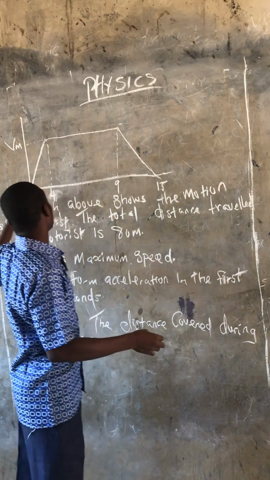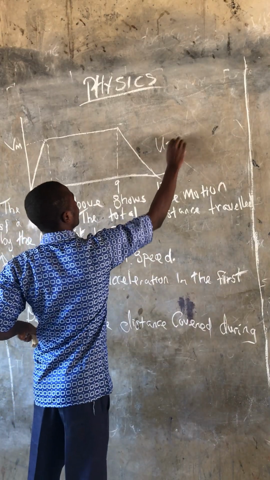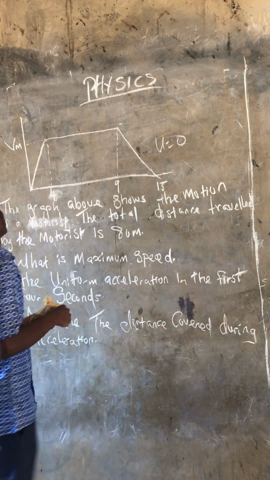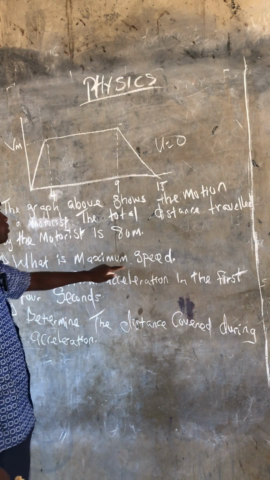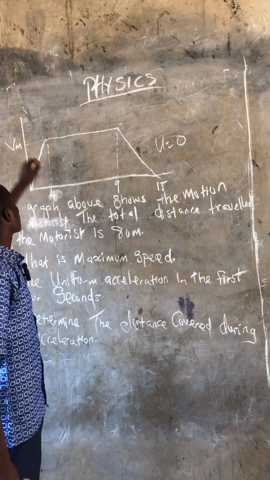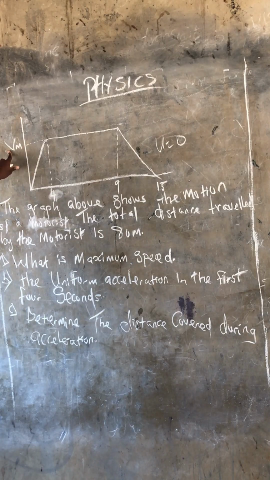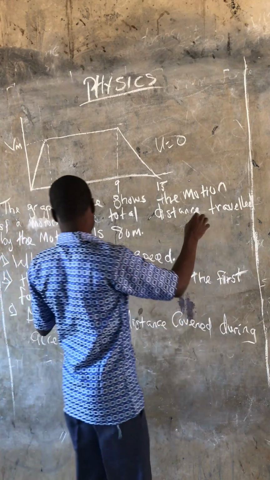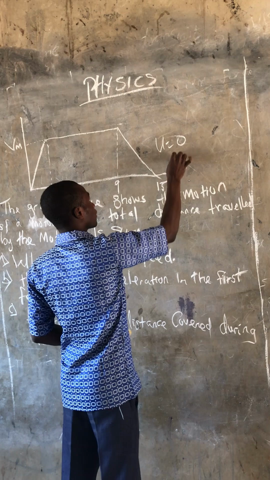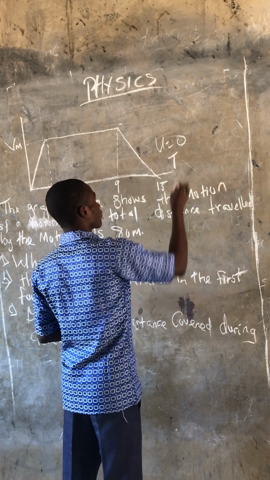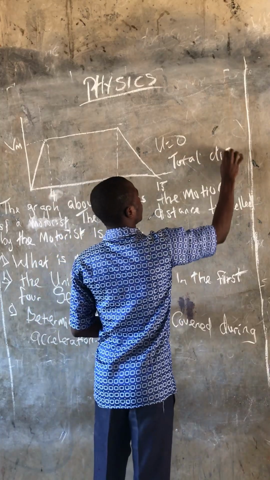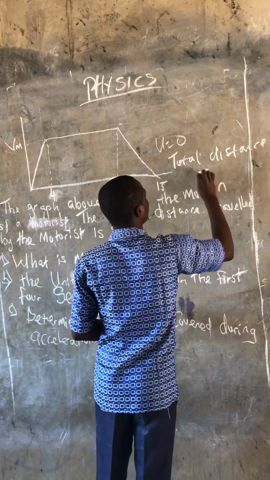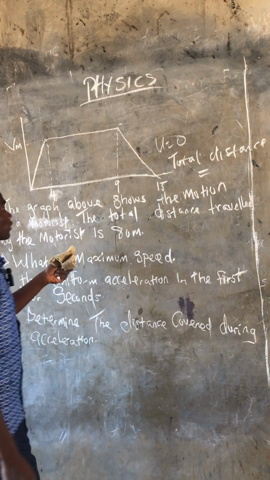In this case, the initial velocity is 0. The question says we should first calculate the maximum speed, which is the velocity here. According to the parameters given, we are given our total distance as 80 meters.